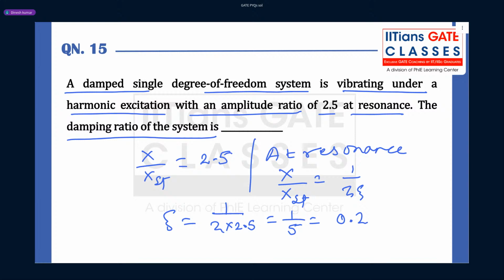Yeah, 10 by 5 is 2, so 0.2, correct. So zeta is 0.2. I also do a lot of silly mistakes. Guys, be careful. So the answer is 0.2, not 0.02. Clear? Ashish, is it clear?